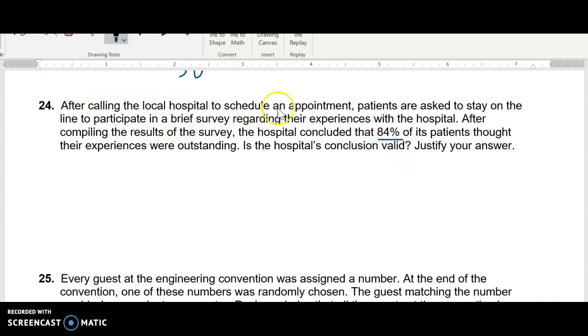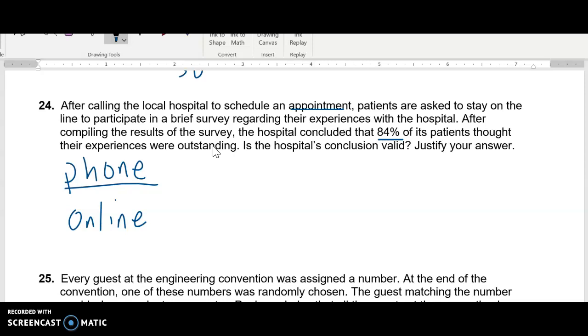Okay. They're scheduling an appointment, and they're doing it by phone. So you have to ask yourself, is everybody making their appointments by phone? Because I know I make my doctor's appointments online.